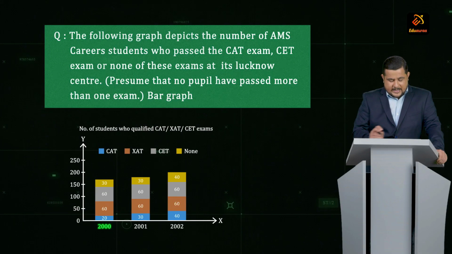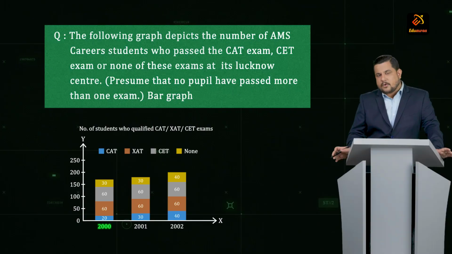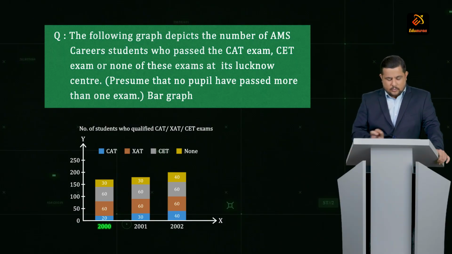Now, as we can see, in each segment the data is also written. If we talk about the year 2000, how many students passed none of the exams? We will say 30 students. If we talk about the gray bar, that represents the CET exam.